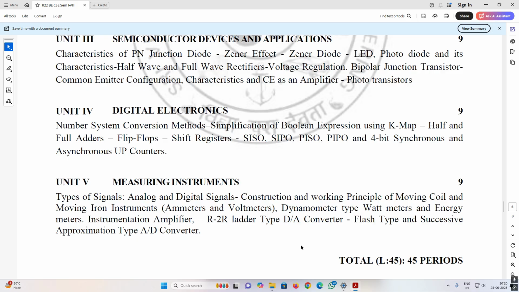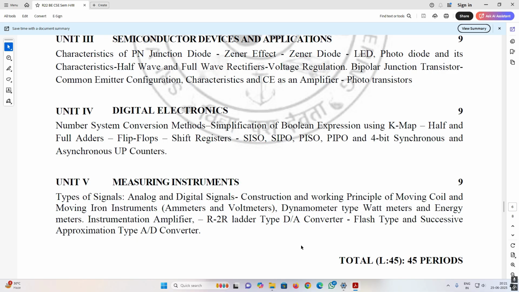And then construction and working principle of moving coil instruments and moving iron instruments. So mainly ammeters and voltmeters. And then watt meters, for example dynamometer type watt meters and energy meters.